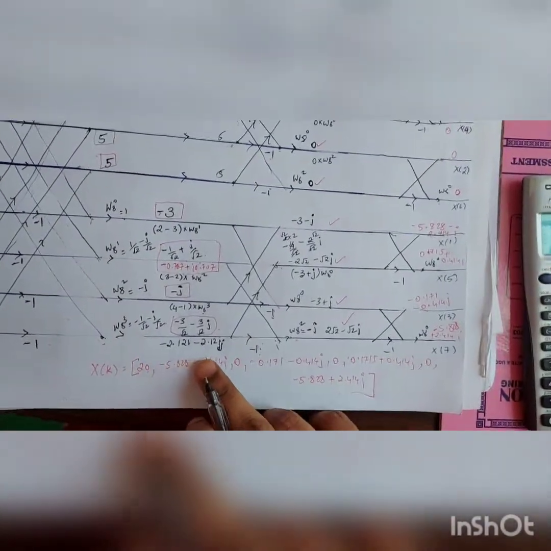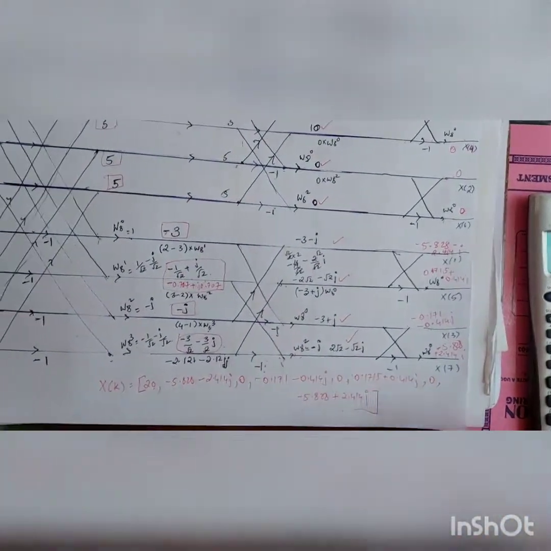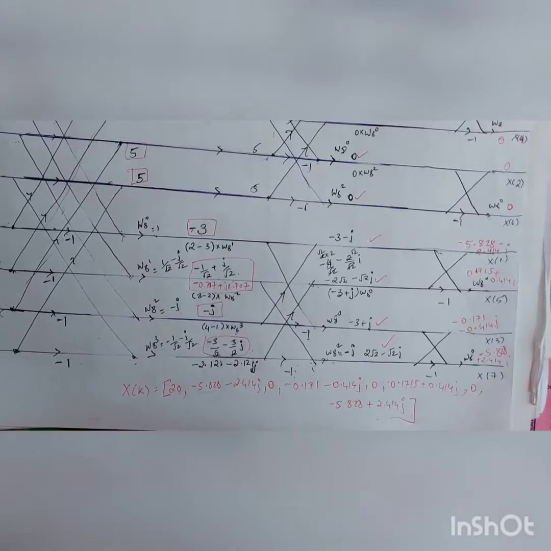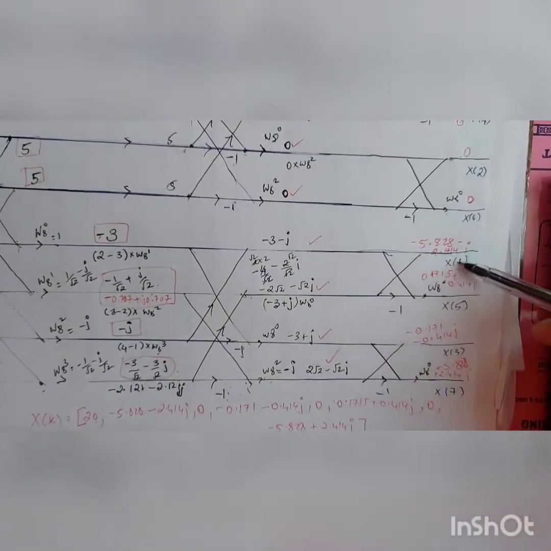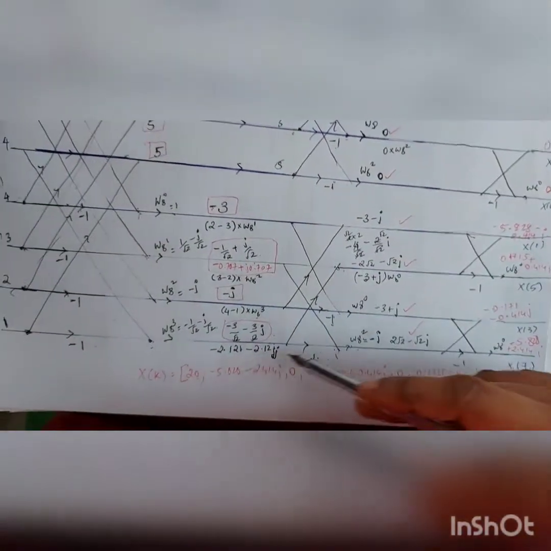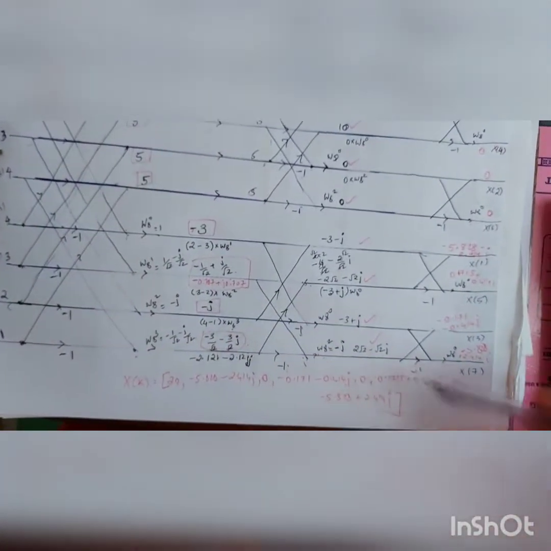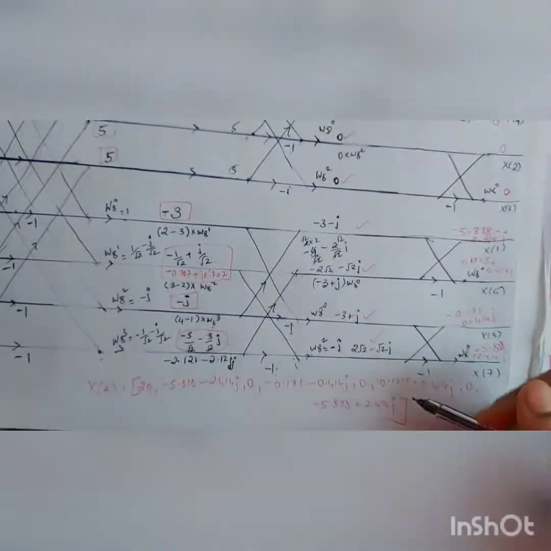You can check these values. 20, this. These are all the values you got for x of k, the shuffled one, x of 0, x of 4, x of 2 and so on. You write the values in the same order. Okay, shuffled bit reversed values, you write it in the actual order. This is your final answer.